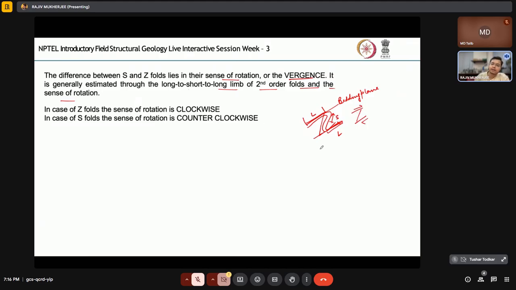And in case of an S fold, long to short to long. Right. So this is how the S fold is generally estimated.